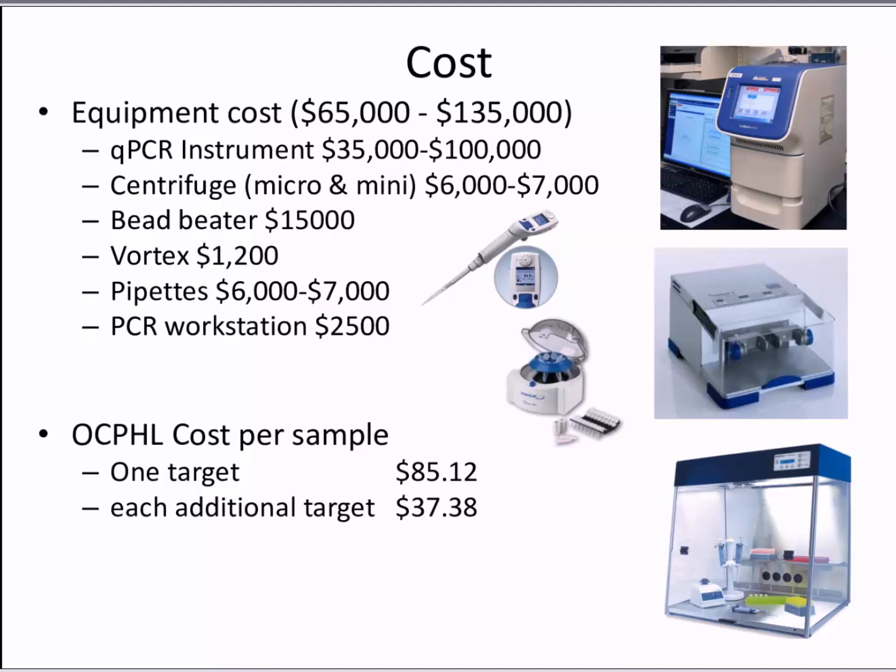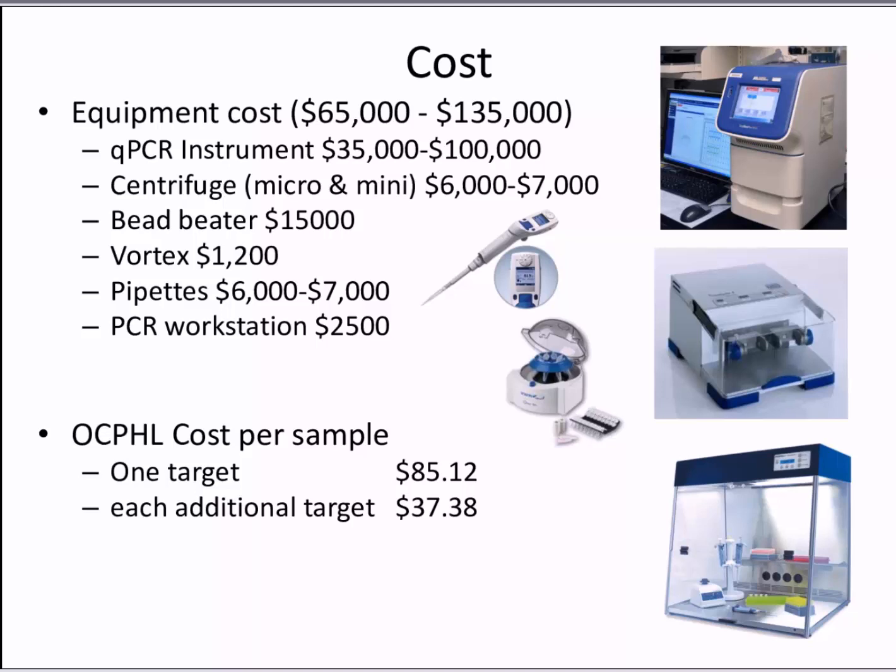So, cost, a ballpark figure in our lab: $65,000 for a Step 1 Plus instrument, and then $135,000 if you're doing a more sophisticated ABI 7500 instrument. And so a range, I feel comfortable putting out a range. There are some real-time instruments that you can get for maybe $25,000.